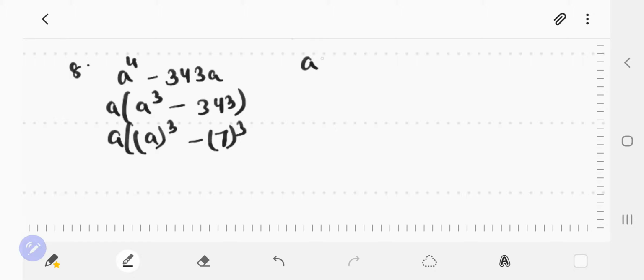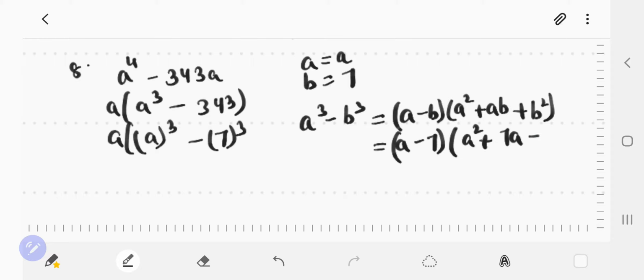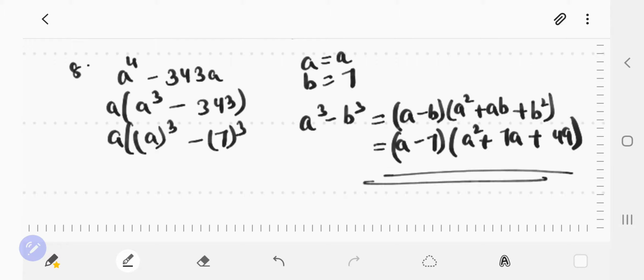So a is a, b is 7, and your identity for a cube minus b cube is a minus b, a square plus ab plus b square. That will go: a is a, b is 7, the square of a plus 7 into a, 7a, and the square of b, that is 49, and that's your final answer.